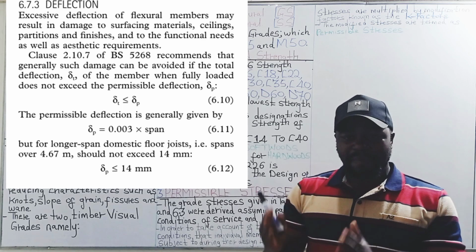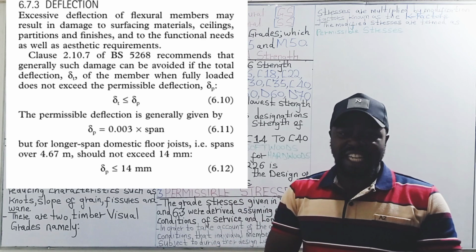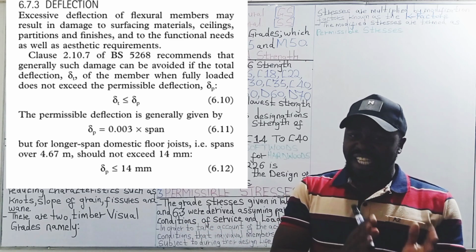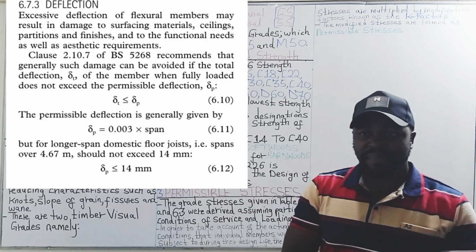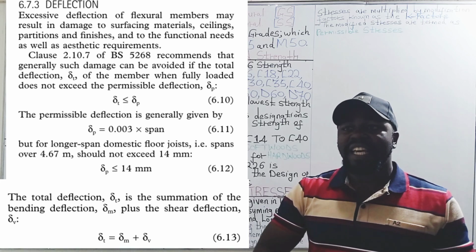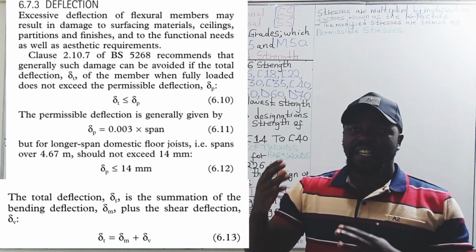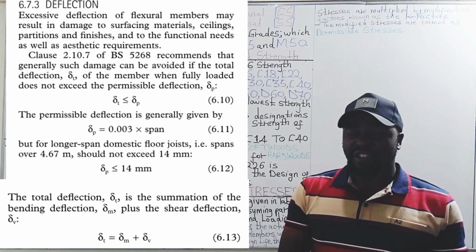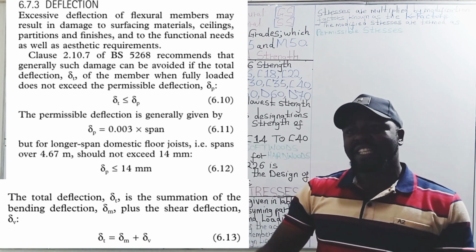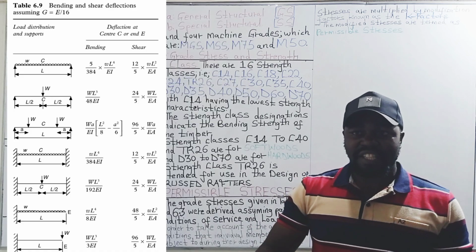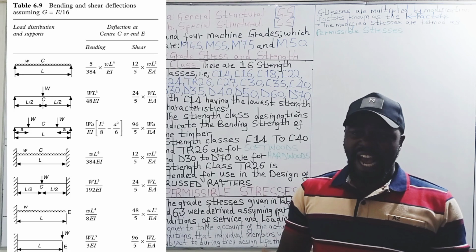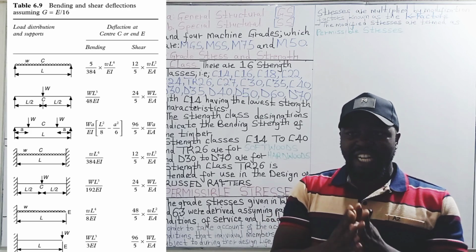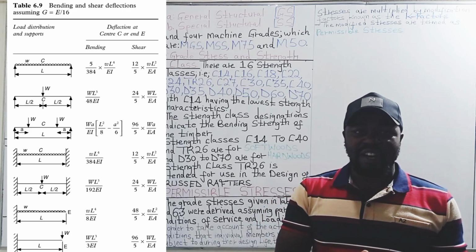But for longer span domestic floor joists, that is spans over 4.67 meters, it should not exceed 14 millimeters. The total deflection is the summation of the bending deflection plus the shear deflection. Therefore, total deflection equals bending deflection plus shear deflection. Table 6.9 gives the bending and shear deflection formulae for some common loaded cases for beams of rectangular cross section.